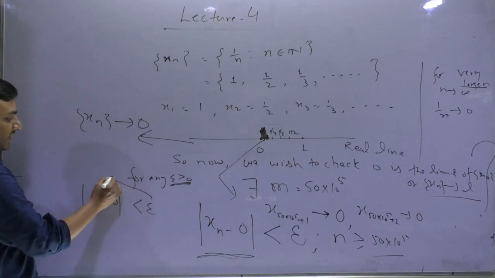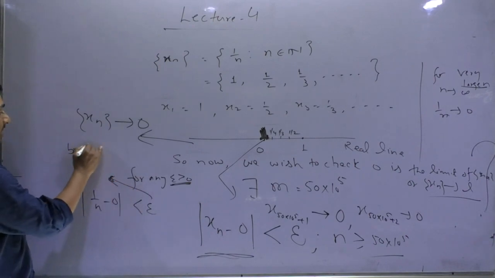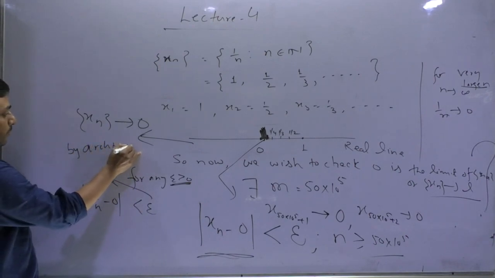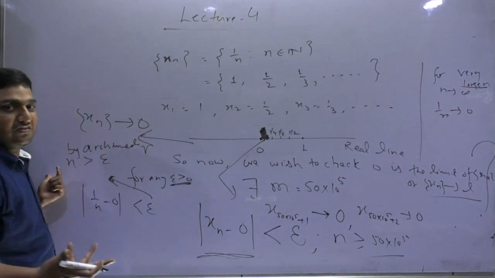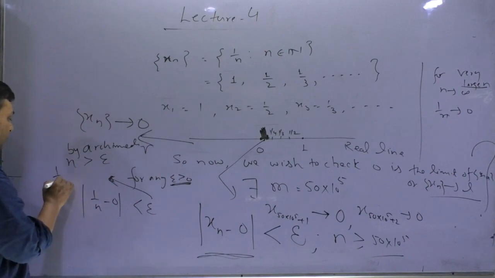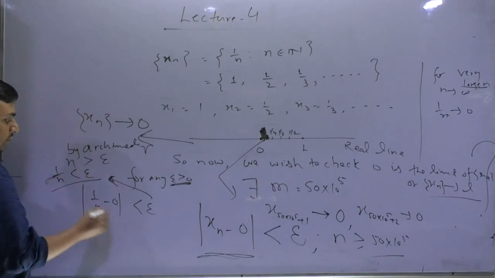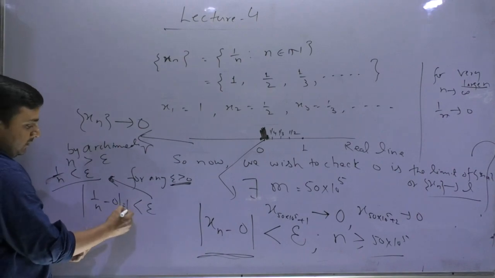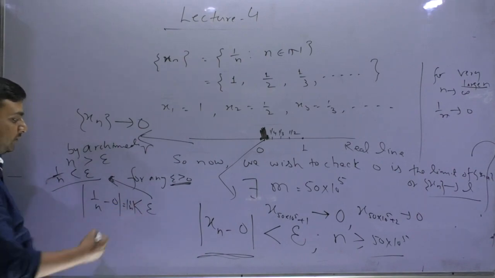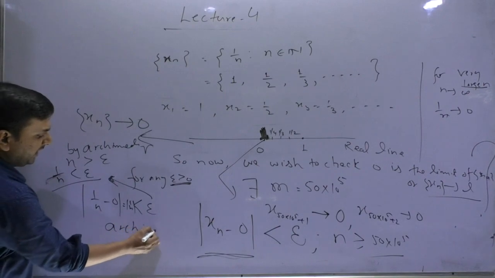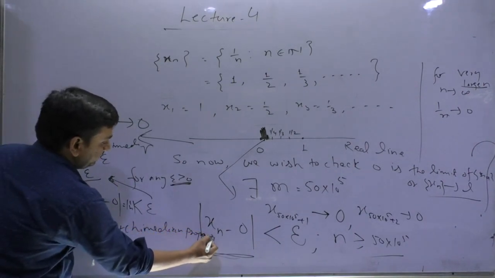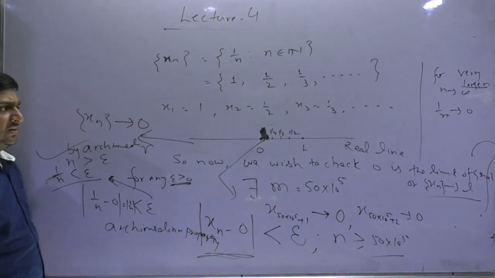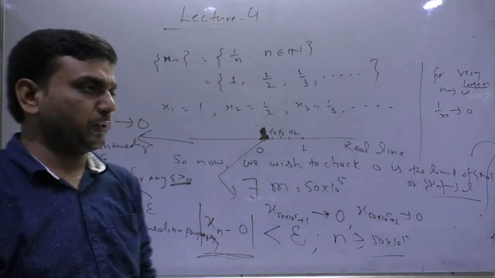We choose, by the Archimedean property, some natural number n greater than 1 upon epsilon, which means 1 upon n will be less than epsilon. So whenever I get 1 by n, this will be less than epsilon. What did I use here? The Archimedean property. This is also done in the class notes which you have been provided.